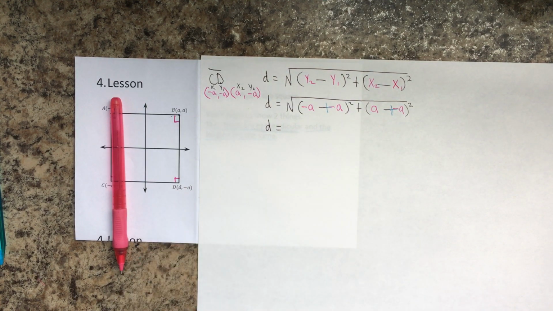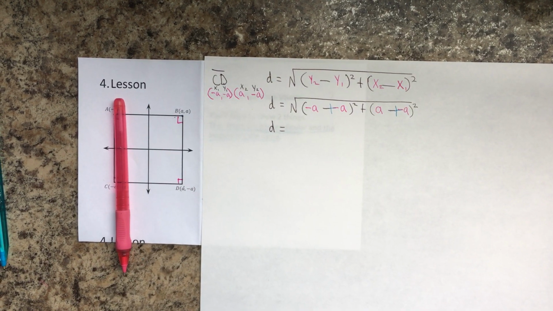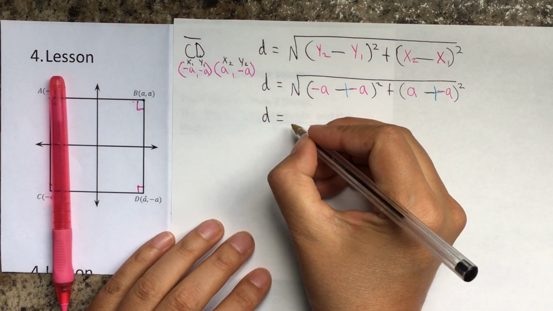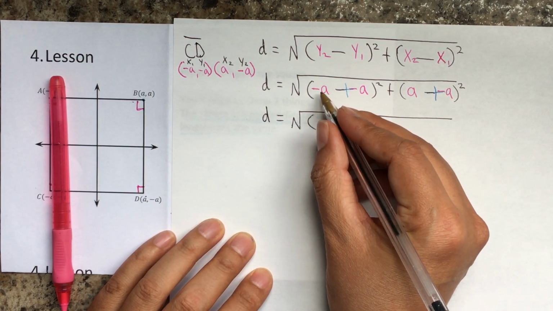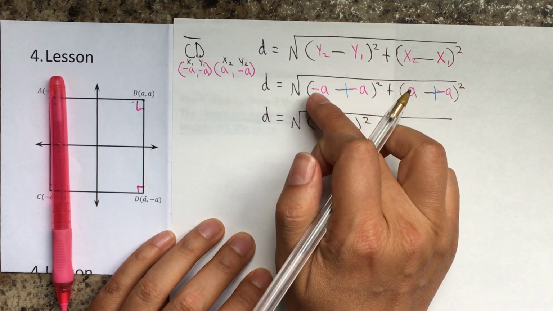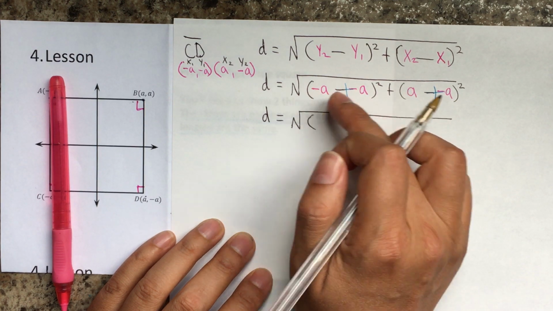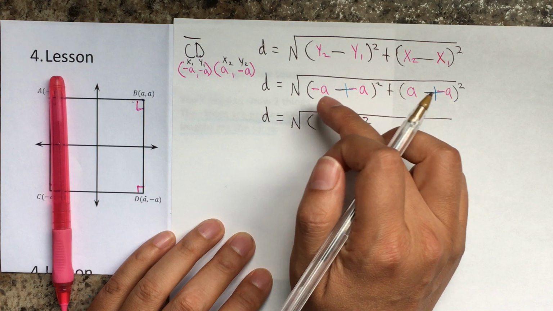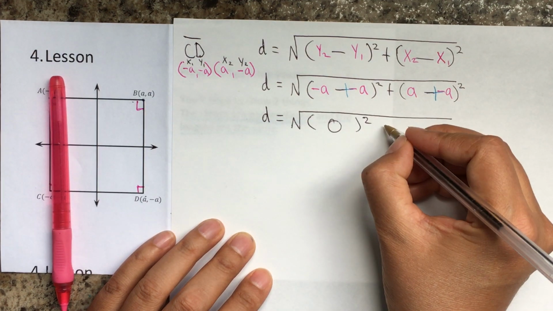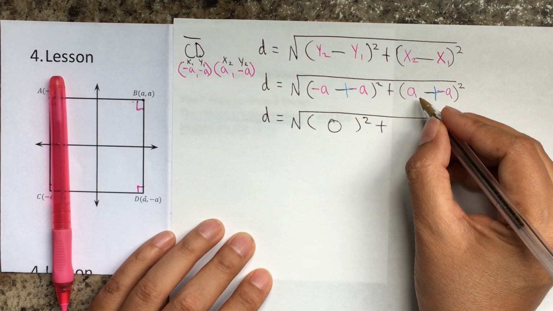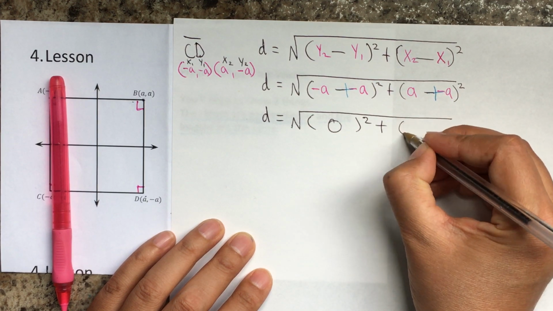d is equal to the square root of negative a plus a. Same signs you add, but here it is different signs, so subtract, and a minus a is 0. And a plus a, that's 2a.